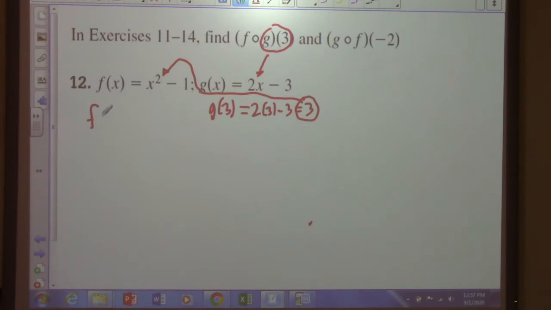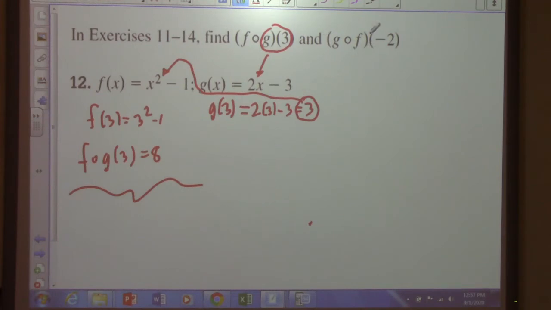So f of 3 is equal to 3 squared minus 1. So we make our concluding statement, f of g of 3 is equal to 8. Okay, did you get that one?